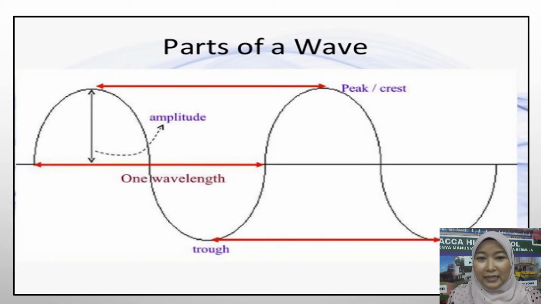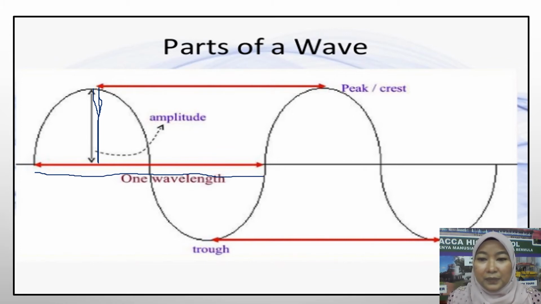Okay class, this is a picture of part of a wave. So, where is the amplitude? Amplitude is the maximum displacement from the peak to the equilibrium state. Okay, this is amplitude. What is wavelength? One wavelength we calculate from here to here.